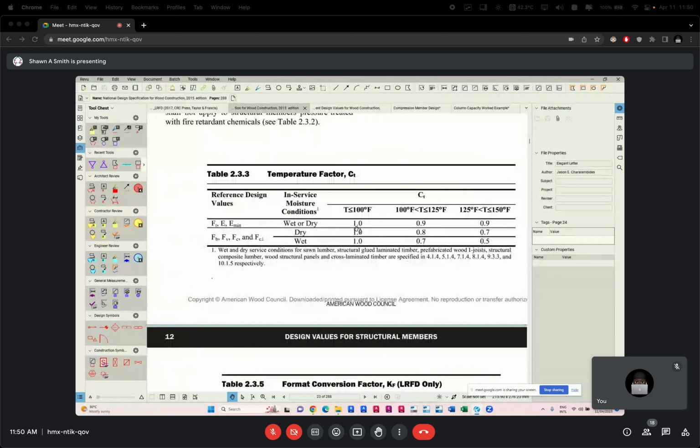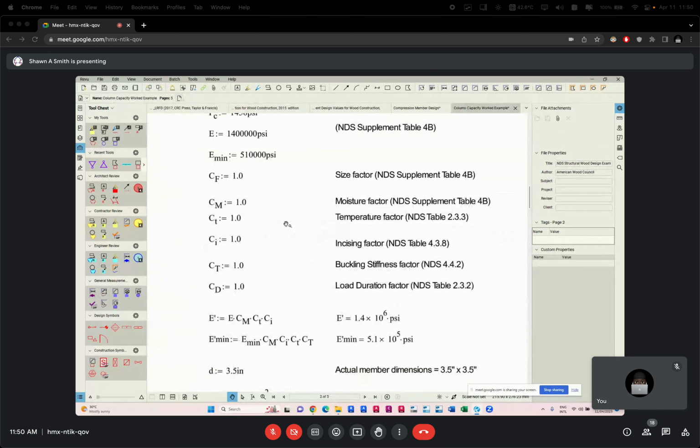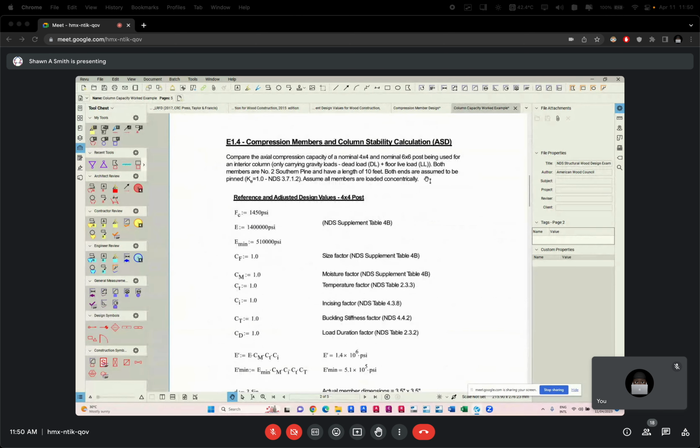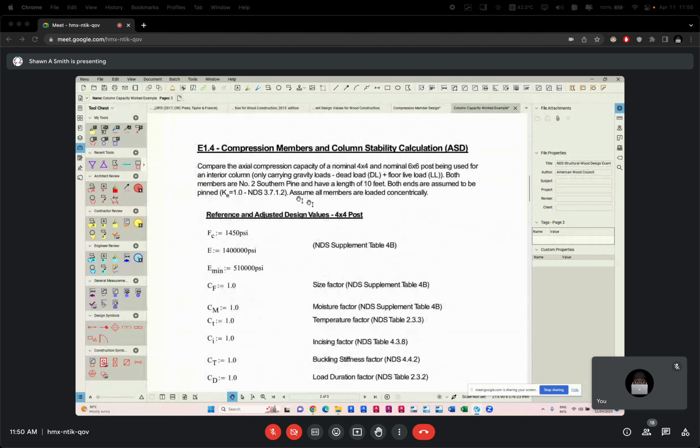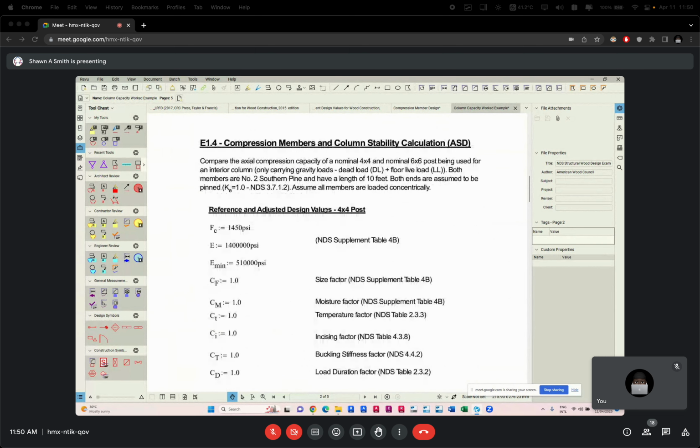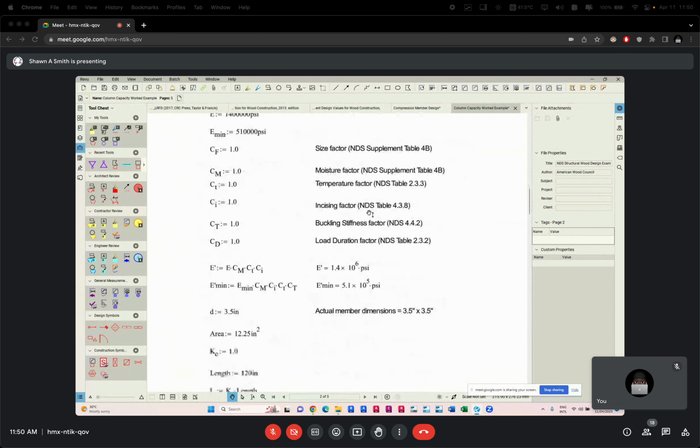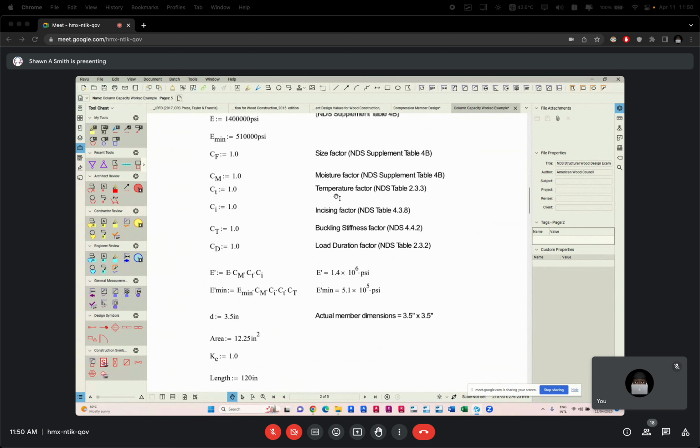But let's say that it's normal temperature, which is what I assume they're using. They did not state it, but I'm going to assume normal temperature because this is used within a building, really. So that would be 1. Internally it shouldn't be wet. It should be dry, really. So the factor is equal to 1.